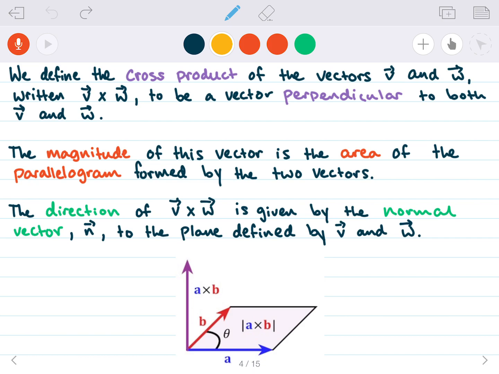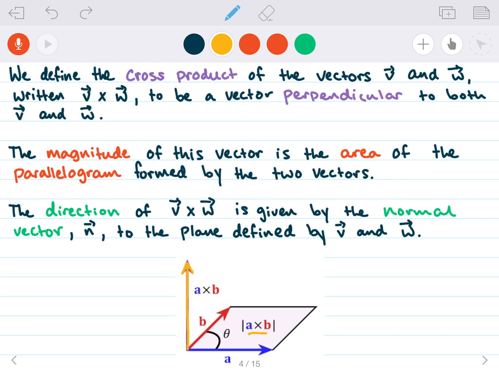Okay, so here I have a picture of pretty much all of what is set up here. Instead of v and w though, I have a and b, okay? So we have our vectors a and b. b is in red, a is in blue. We have the angle between them, theta. And this picture is illustrating the cross product right here.